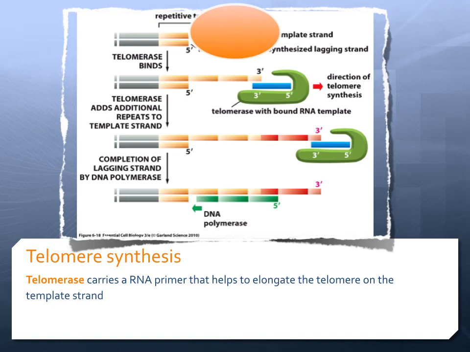And when the strand becomes too short, it will simply destabilize the polymerase, and the polymerase will fall off the template strand before the synthesis of new DNA is completed. So it will always leave a little part that is single-stranded and not fully synthesized.